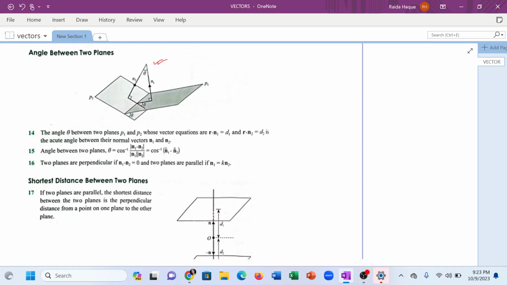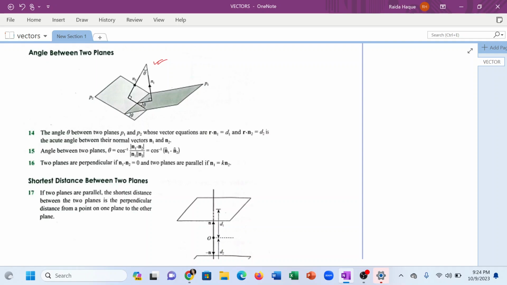For that, theta is equals to cos inverse of the dot product of the normals divided by the magnitude of the normals. So we get the cos inverse of the dot product between the unit vectors of both the normals. That is how we find that angle.